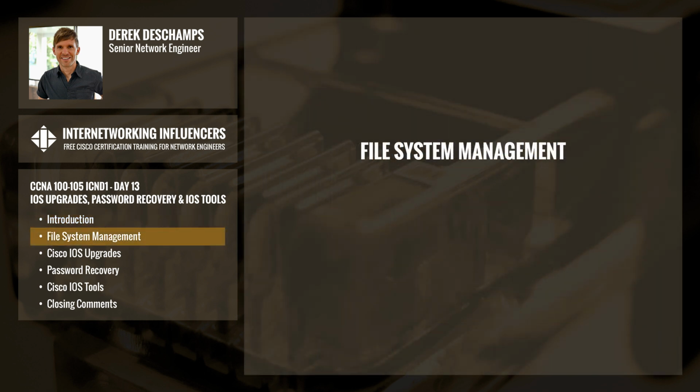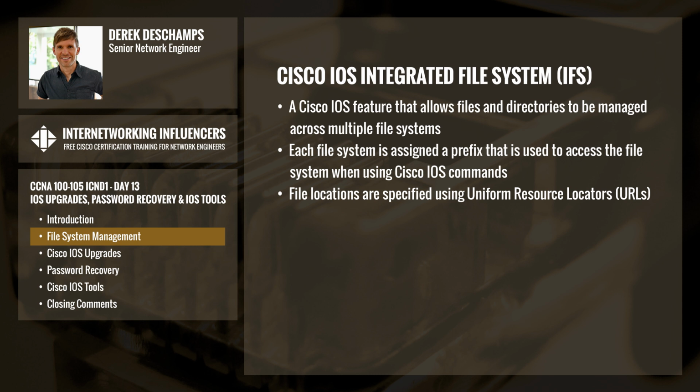Today we are going to start things off by looking at file system management. The Cisco IOS Integrated File System, or IFS, is a Cisco IOS feature that allows files and directories to be managed across multiple file systems.